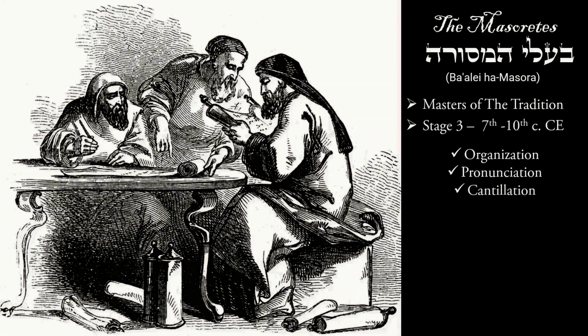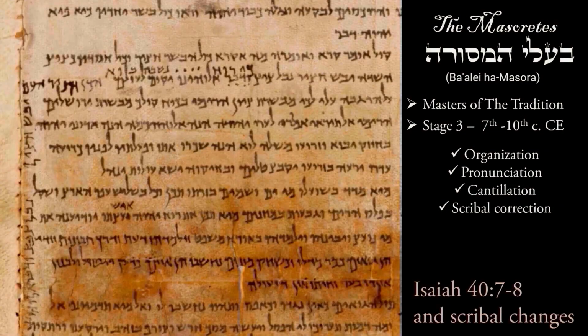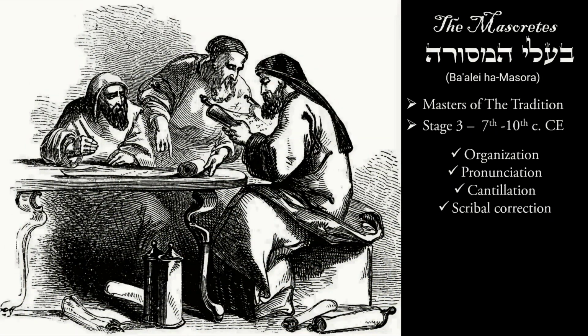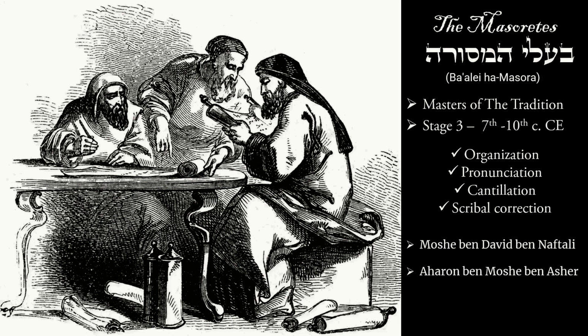Cantillation was also a focus because the text is not only meant to be read, but to be sung. And not less important, scribal correction. All this was necessary because of the variety of Hebrew text alterations throughout the years, sometimes based on regional differences. Two main schools or families of Masoretes were Moshe ben David ben Naphtali and Aaron ben Moshe ben Asher.